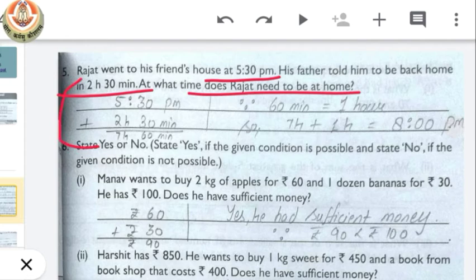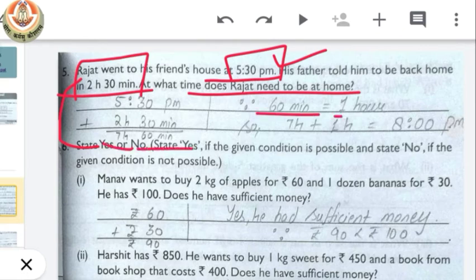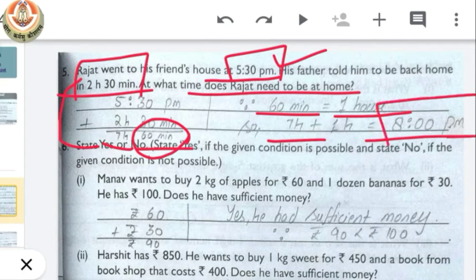That means we have to add the 2 hours 30 minutes to 5:30 p.m. Then we get 7 hours 60 minutes, and we know that 60 minutes is equal to 1 hour. So we can convert these 60 minutes into hours. So we get 7 hours plus 1 hour, that is 8 hours. So Rajat has to be at home around 8 p.m.